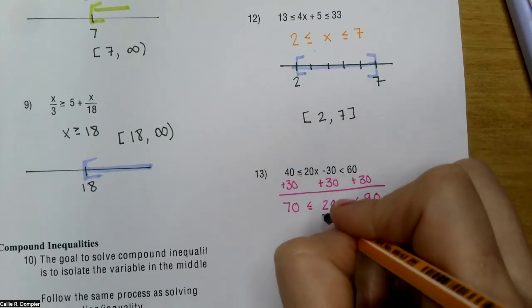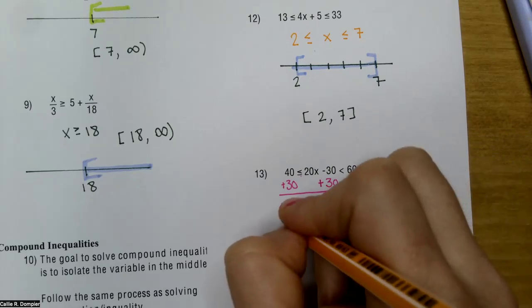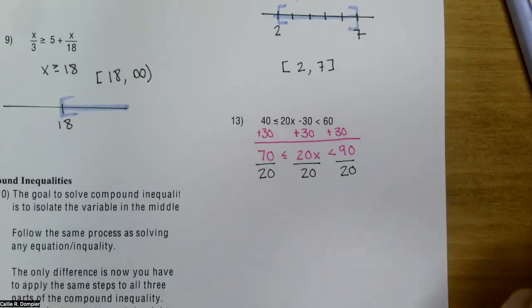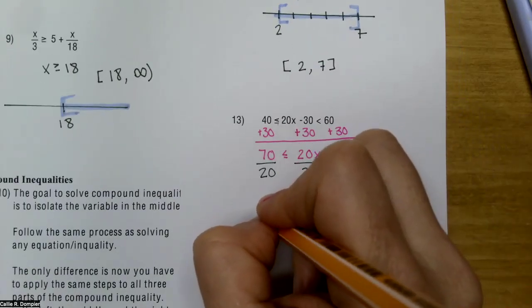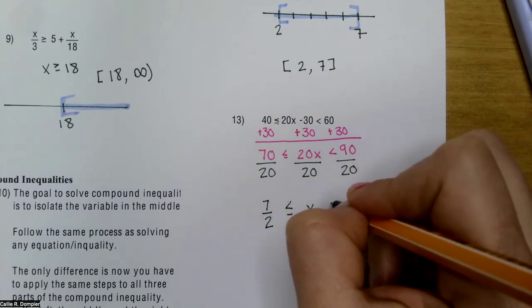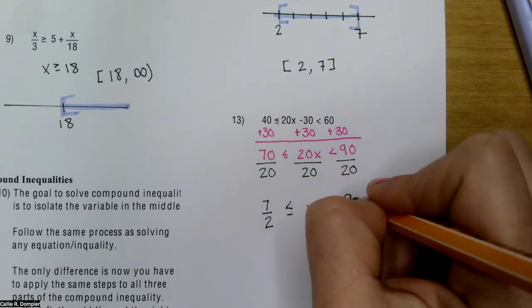Now we're going to divide by 20. And if you put that into your calculator, 70 divided by 20 is 7 halves, is less than or equal to x, which is less than 9 halves.